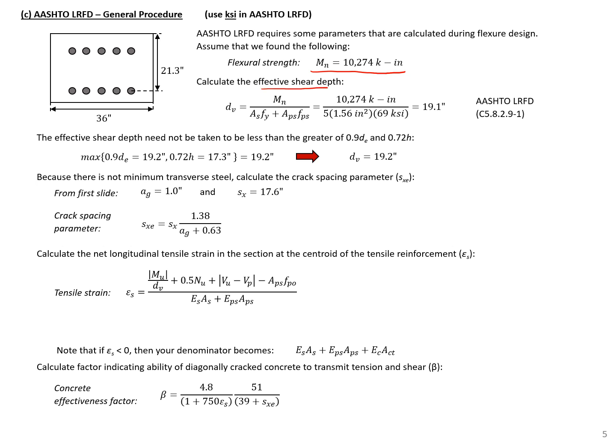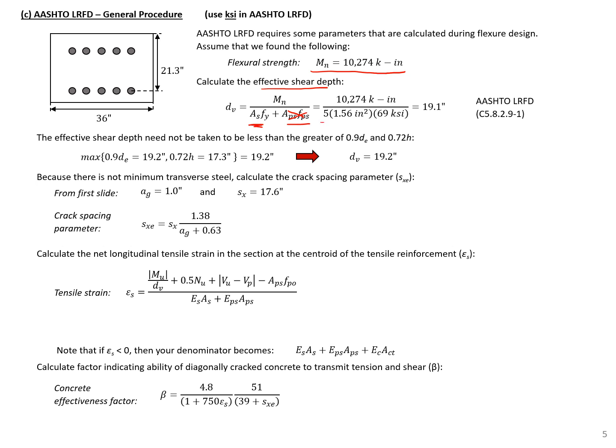So our effective shear depth is dv, and it's equal to our nominal moment capacity Mn divided by As fy plus Aps fps. So non-prestressed steel plus prestressed steel component. We don't have any prestressed steel component, so all we have is our non-prestressed steel.